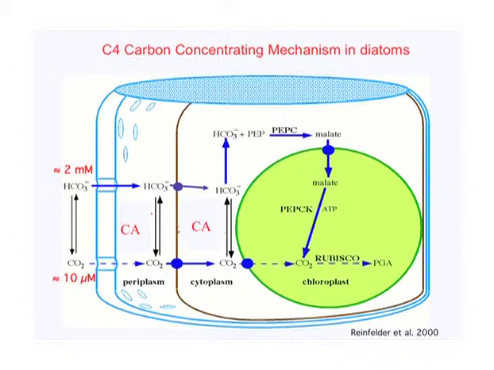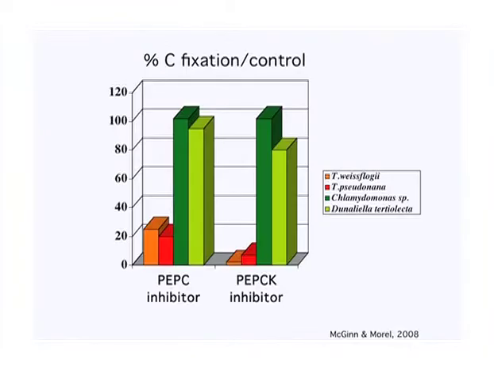I won't show you the original data of John Weinfelder. I'll show you some newer data showing the importance of those two enzymes in the actual photosynthesis of diatoms. Those two enzymes here. And this is the work of Patrick McGinn, who is now back in Canada. And here is the effect of inhibitors of PepC and PepC-K on two model diatoms and two model green algae.